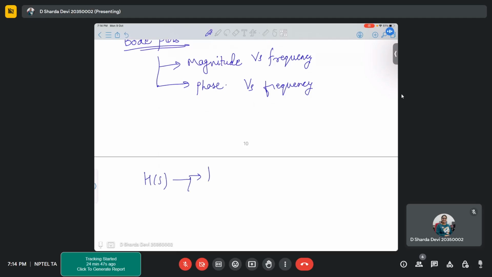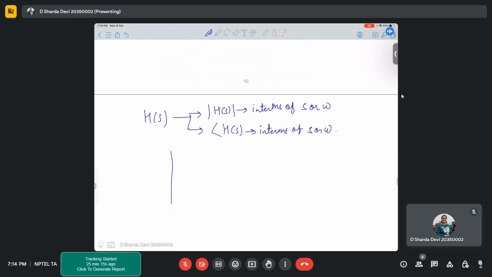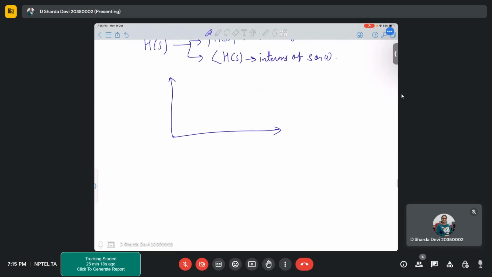Now for this you will find mod H of s, which is magnitude, and angle H of s, which is phase, and these will be in terms of s or omega, correct? These are frequency dependent. So what you do, you plot them with respect to frequency.